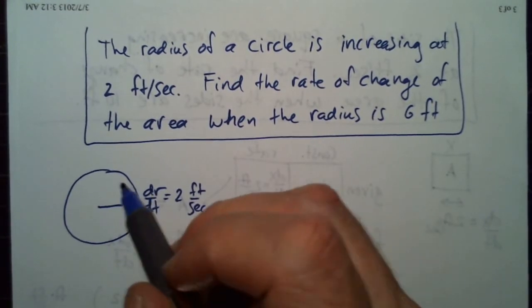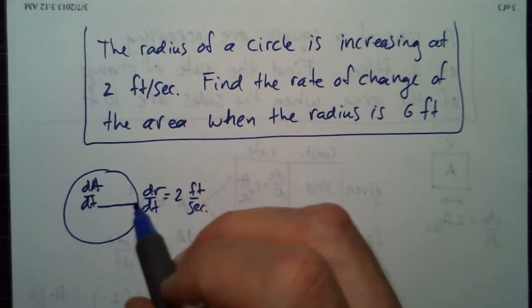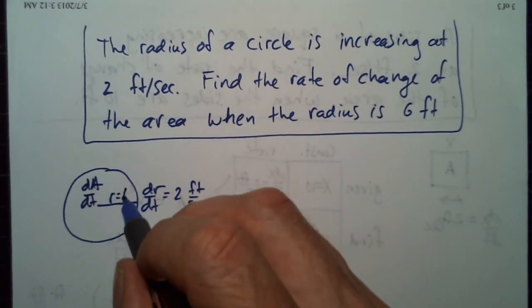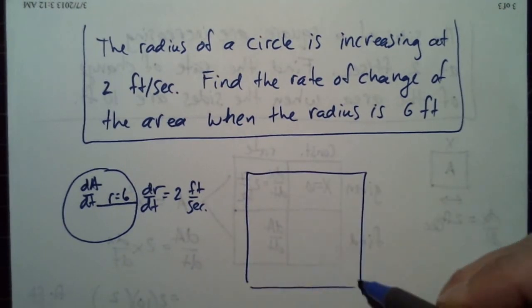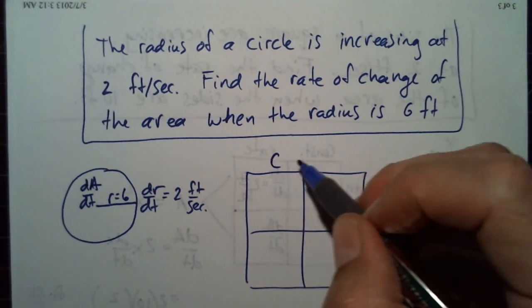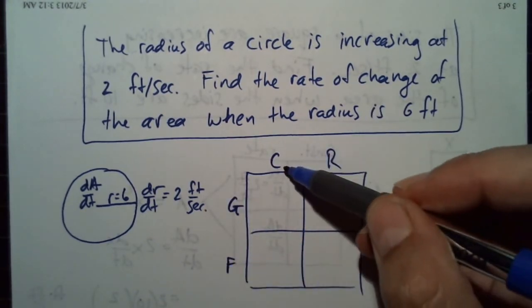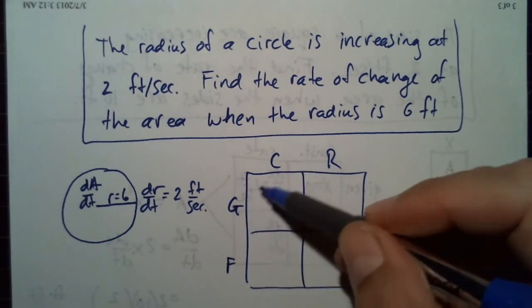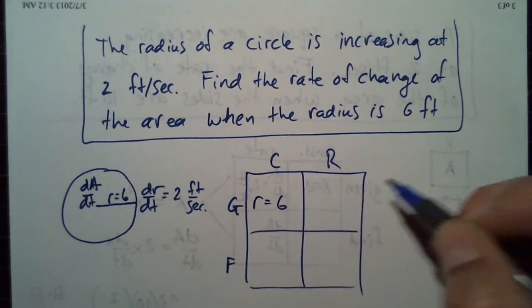Find the rate of change of the area. We need to find dA/dt when the radius is 6. So we have constant, rate, given, find. The constant that is given is a radius of 6 feet.